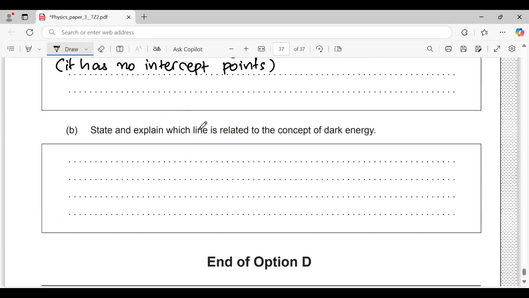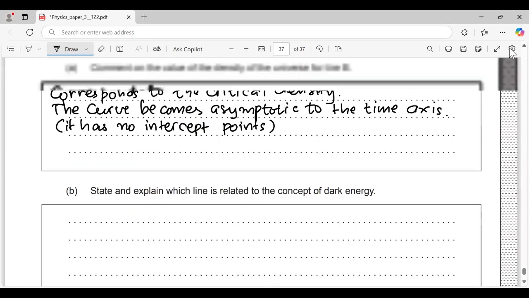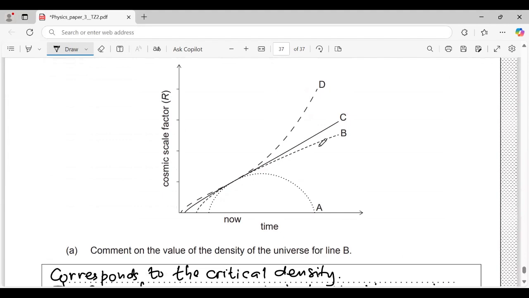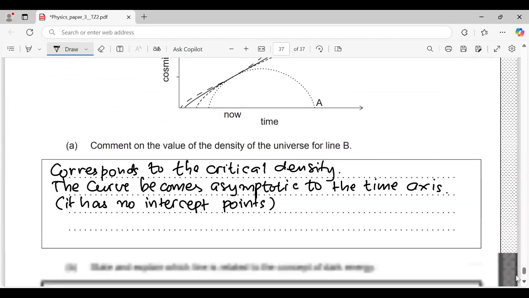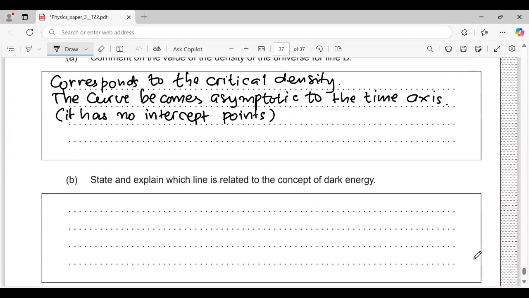State and explain which line is related to the concept of dark energy. If you look at line B as well as C, B and C are similar, but different from D. So D is the different curve, and the question asks which line? The D line. Why?